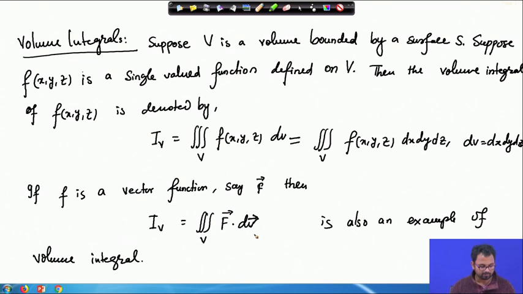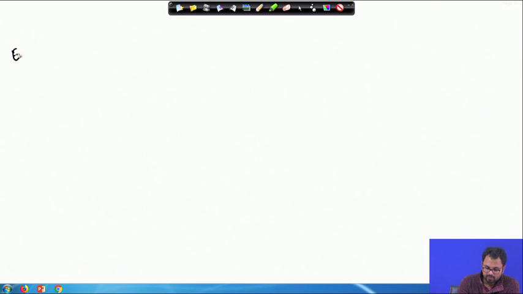Now, let us see if we can solve some examples. I am just looking for an example in my lecture note. Yes. So, to start with, let me consider this example.